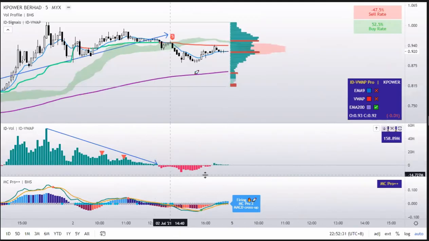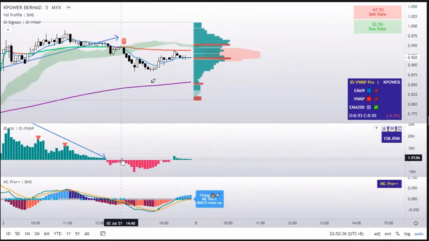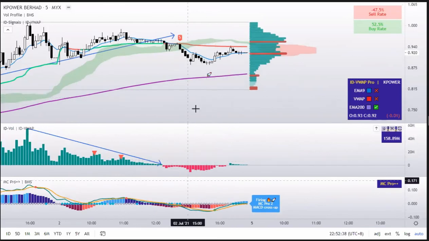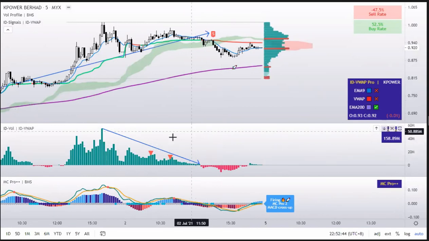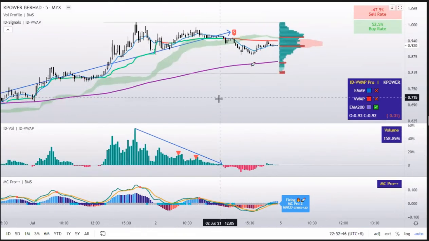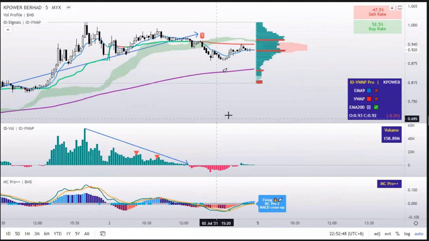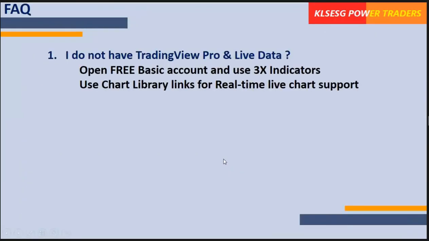When there's no buyer or seller, the bar will become red color. This is how you use this volume indicator to identify buyer and seller. It's a different type of volume indicator. All right, there's a bearish divergence here. As simple as that. All these indicators are made to help you to trade.